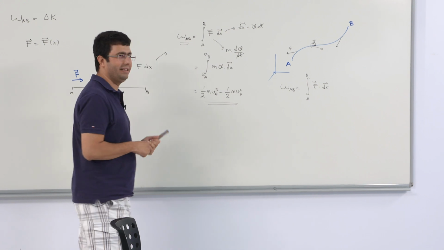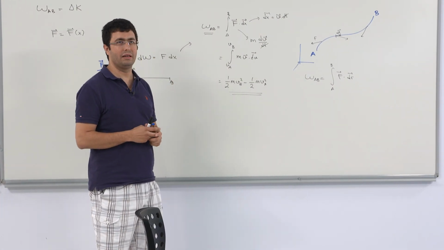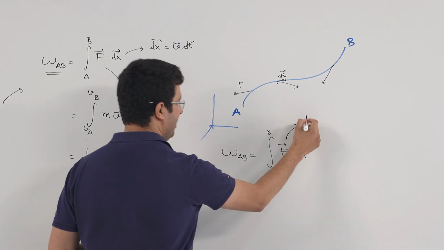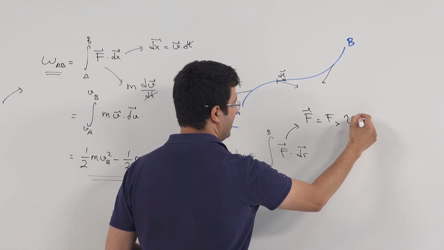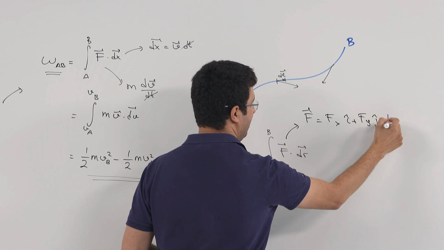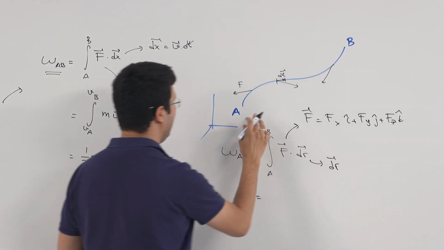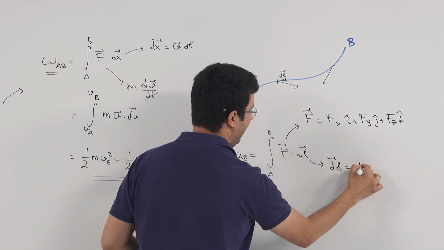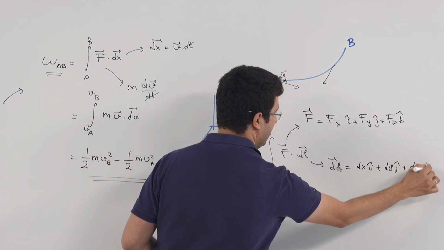So you say that, okay, let's evaluate this. And you wonder whether the work-energy theorem still holds. Well, let's see. So F is simply, in 3 dimensions, I can write this down as Fx i hat plus Fy j hat plus Fz k hat. And dr, your displacement, or dl in this case, is simply dx i hat, dy j hat, and dz k hat.